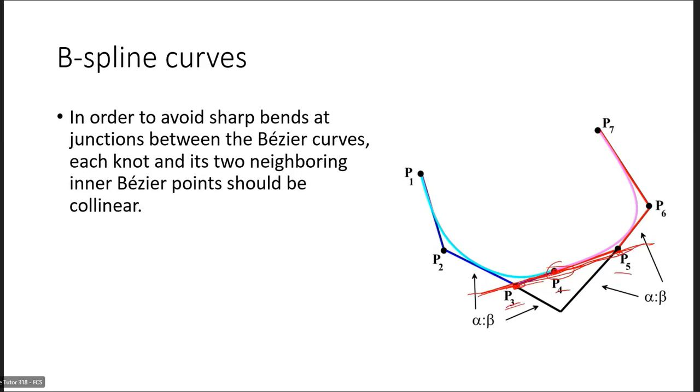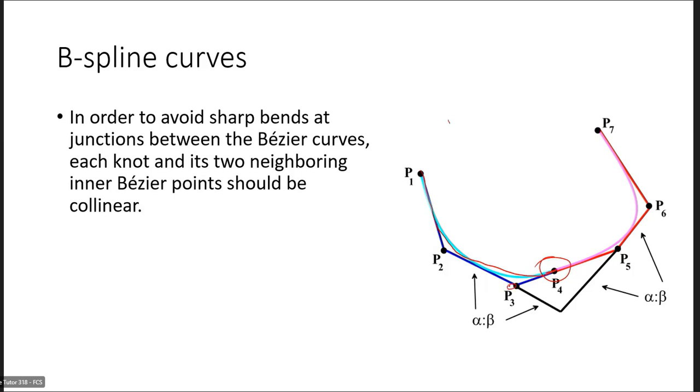If you don't have this, the curve will be like this. The first part will be like this, and the second part can be, for example, like this. You can see that here we have edges at the connection between the two curves.